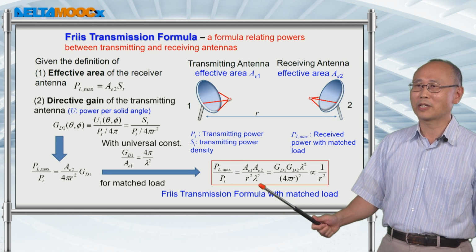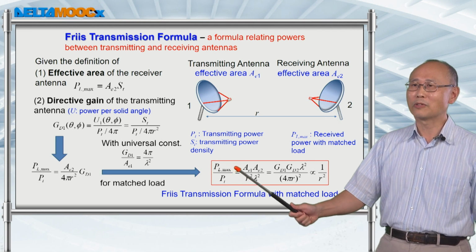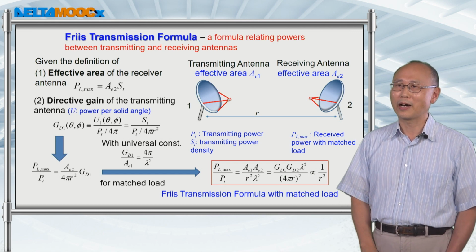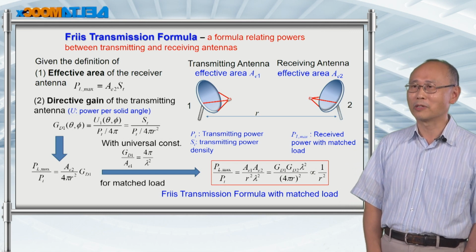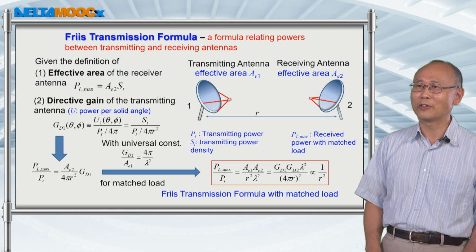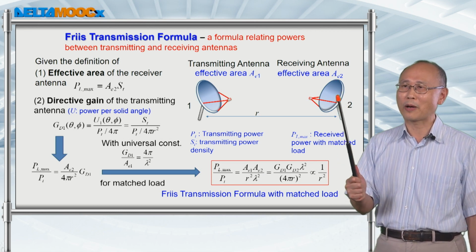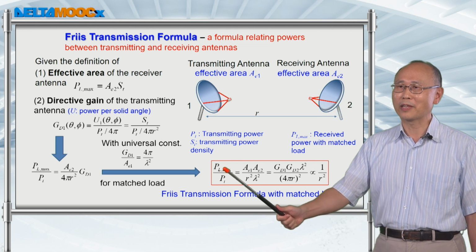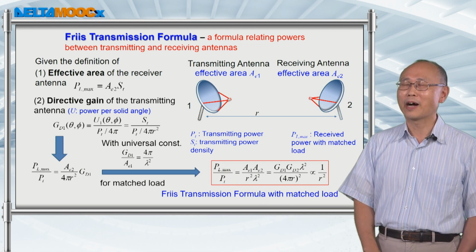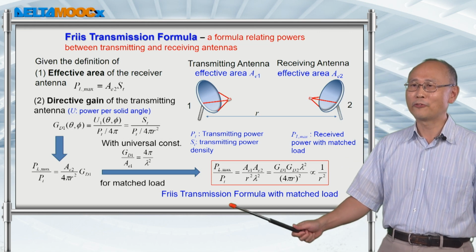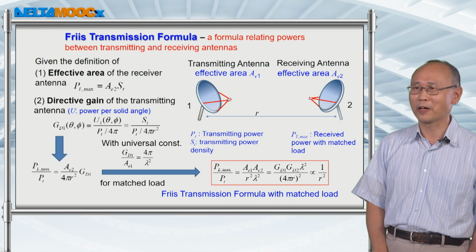And this expression is going to tell you how the receiver power is related to the transmitting antenna power. So this is going to offer you a way to calculate the power received by one antenna given power from the transmitter antenna. And we call this the Friis transmission formula.